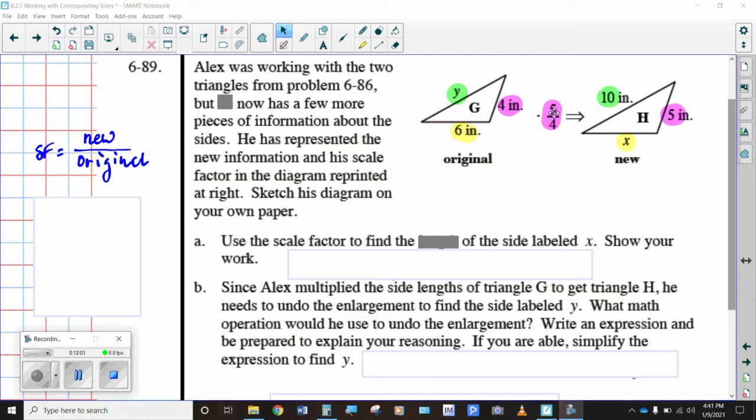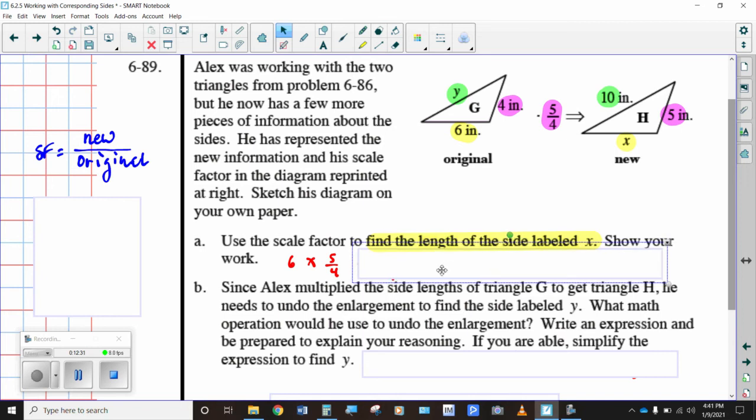Alrighty, so we know the scale factor is 5 over 4. So the first set of directions is telling us to find the length of side x. So we know that the side in triangle G that corresponds to the x is 6 inches long. So since our scale factor is 5/4 and H is a bigger shape than G, then we will use this scale factor, 5 over 4, and multiply it times 6.